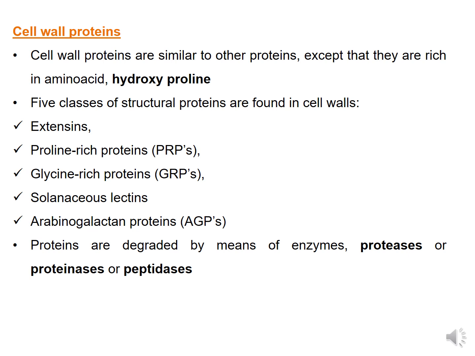And coming to the cell wall proteins, because proteins are also present in that microfibrils picture, I showed that some cell wall proteins are also present. These cell wall proteins are similar to other proteins except they are rich in hydroxyproline.